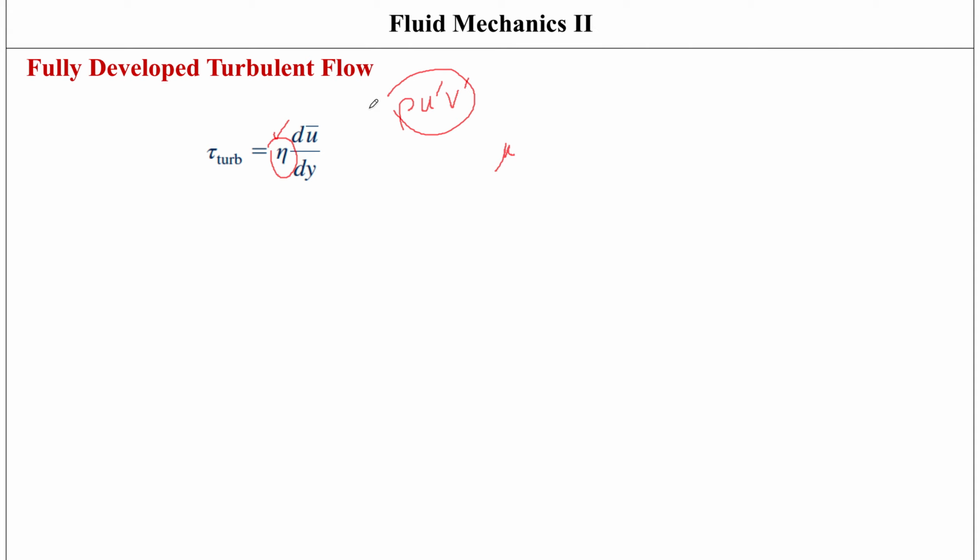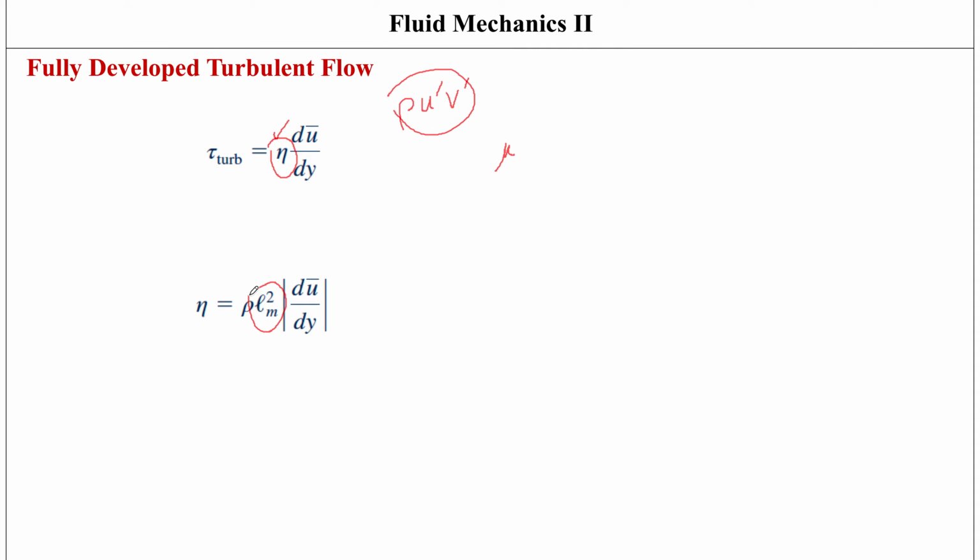So basically this expression is one of the models that is suggested for turbulent flows. There are different models, and this is one of the models that is suggested by Boussinesq. And then Prandtl worked on this model and went ahead and found out this eddy viscosity in terms of something called the mixing length.